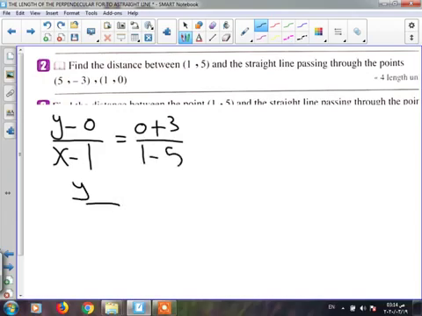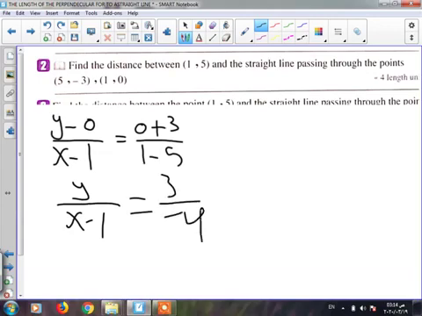So y over x minus 1 will be 3 over negative 4.